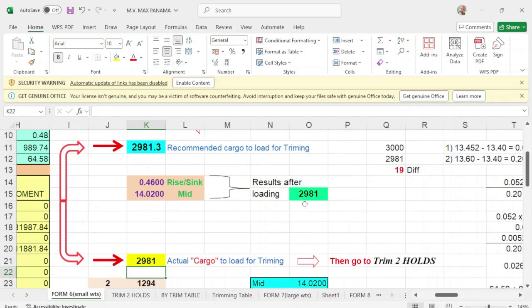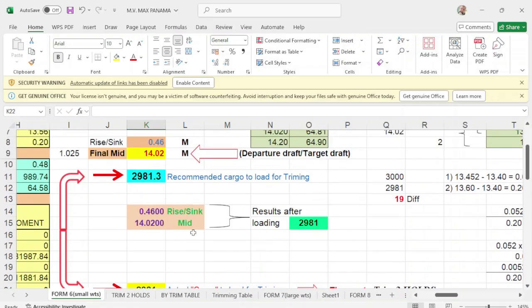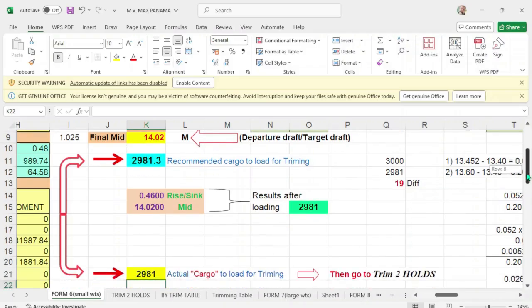What happens if you load 2981? Look at the midship, it is exactly 1402, which is the same here, and your sinkage is 0.46, which is exactly the same here. So we continue.